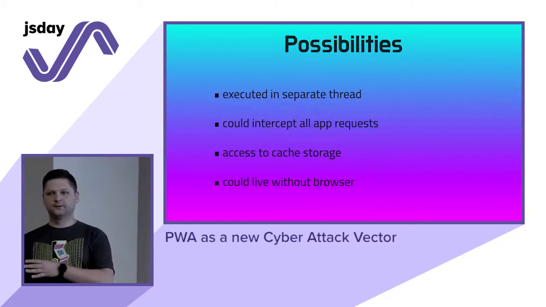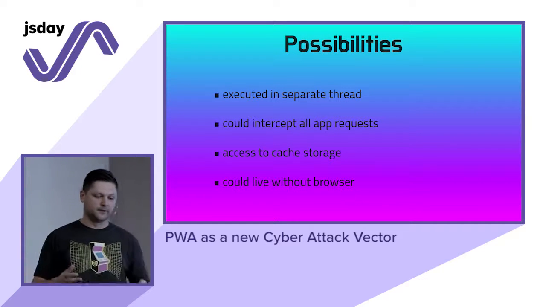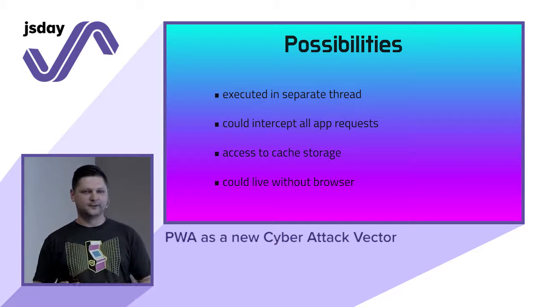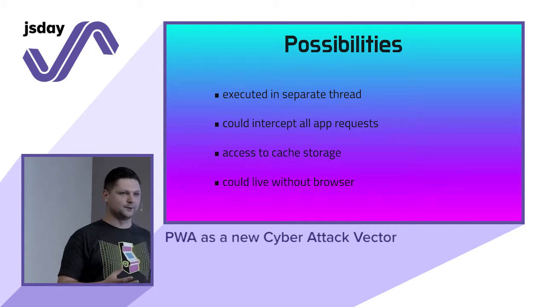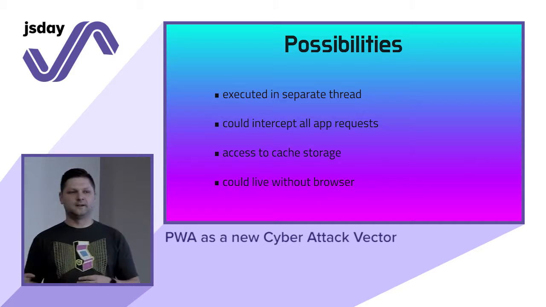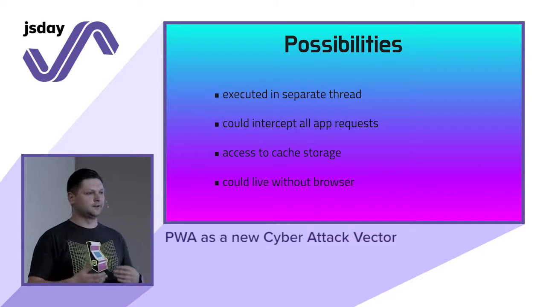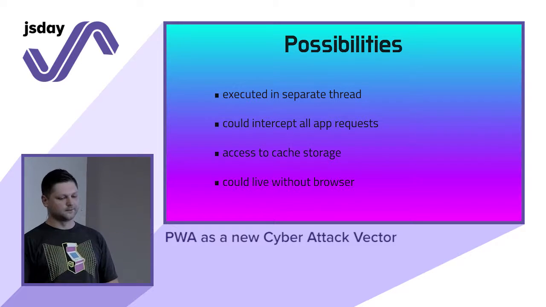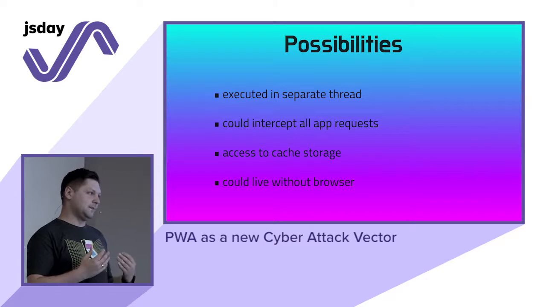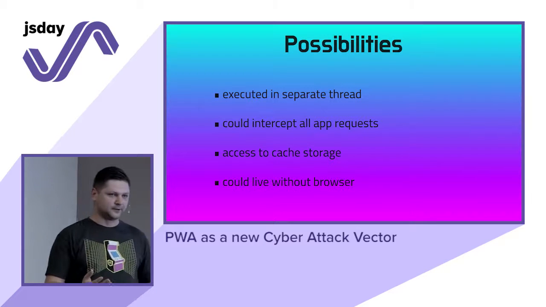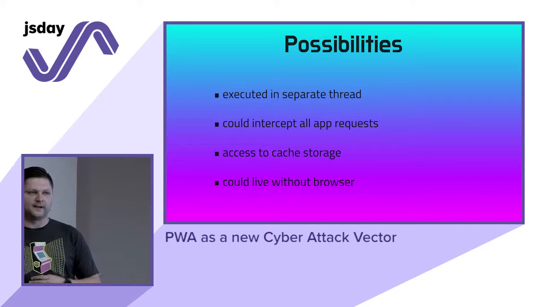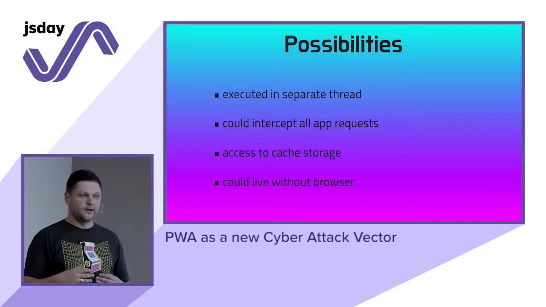So what is possible to do with service workers for now? First of all, a service worker is a thing that lives separated from the browser. It executes in a separate thread with a separate context called the service worker context. So it's limited to mostly asynchronous APIs, so you can't use DOM APIs that are synchronous and so on.